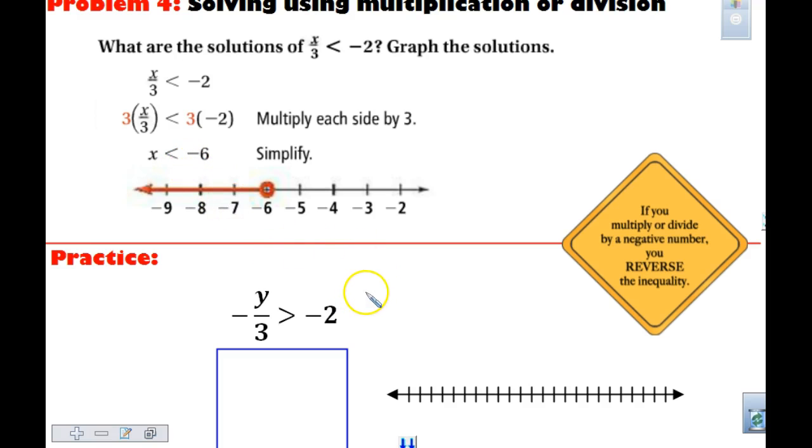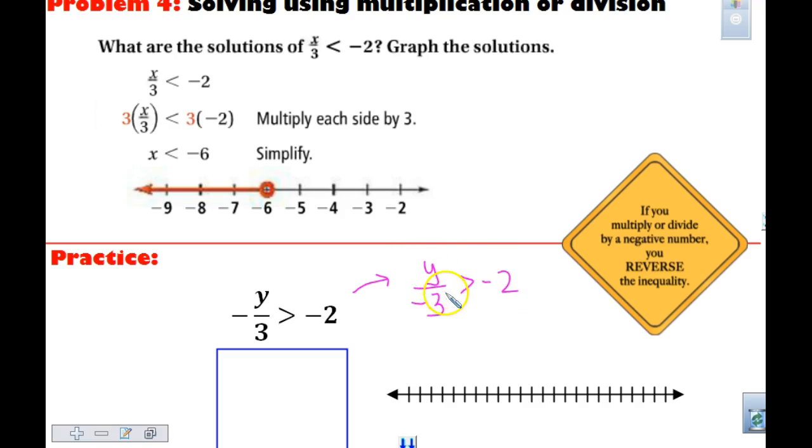And here's my hint when you look at this practice. Anytime you have a problem like this, remember you can rewrite it on your paper, and please do this right now and put y divided by -3. Put that negative with the denominator, sometimes with the numerator if it's a fraction, and it is greater than -2, right?